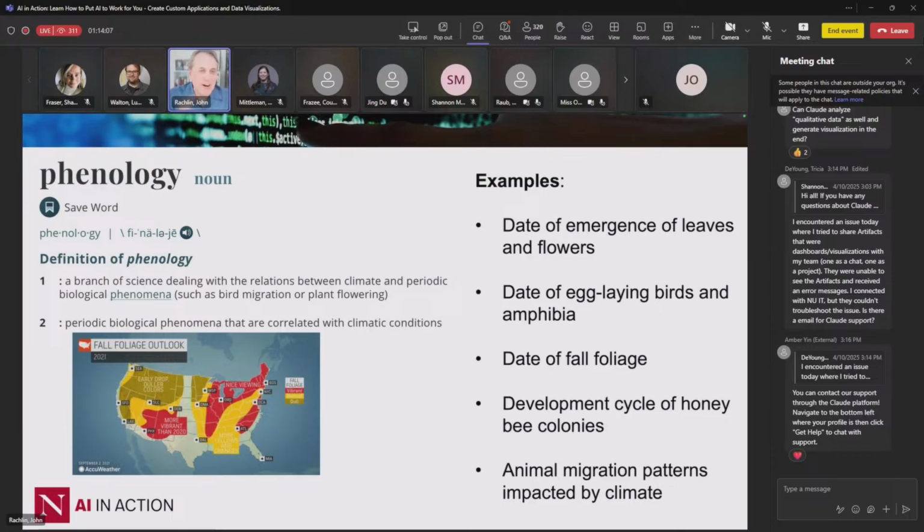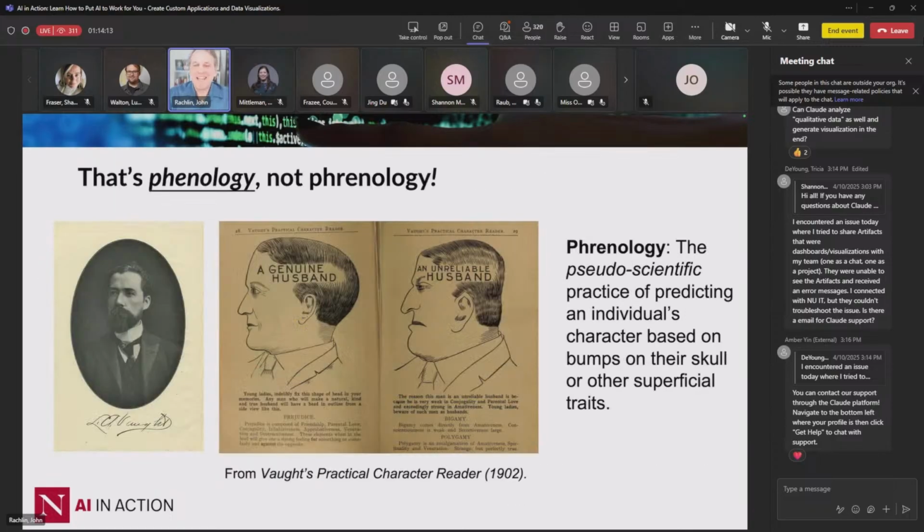Now, I do want to also mention phenology is a scientific study, not to be confused with phrenology, which was the debunked pseudoscientific practice of predicting individual characteristics based on bumps on your head or other external characteristics. No, we're not talking about phrenology. This is about the scientific study of phenology.